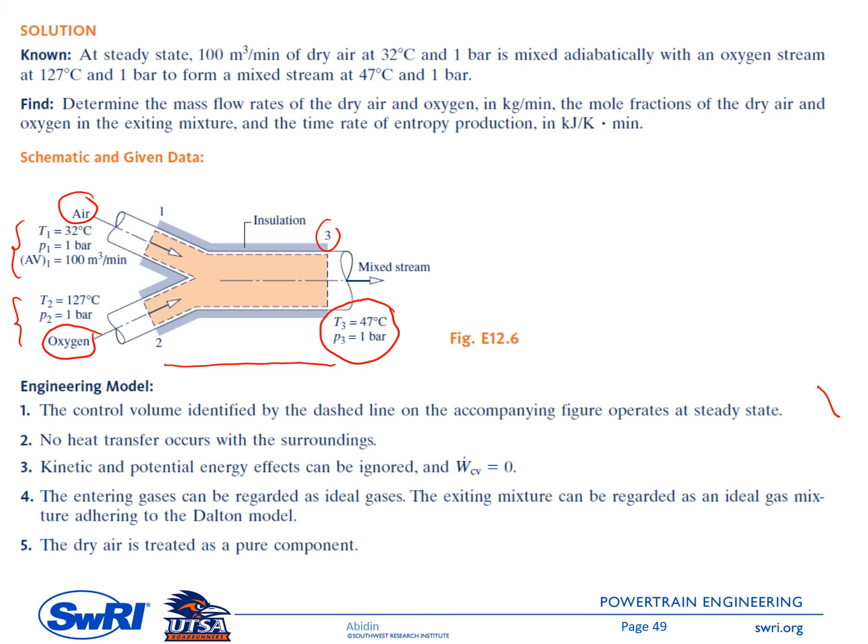This is the assumption: the control volume operates at steady state, no heat transfer occurs with the surroundings, and we can ignore the effect of kinetic and potential energy. We can also assume there is no work, and the entering gases can be regarded as ideal gases. We can also apply the Dalton model, and the dry air is treated as a pure component, so it's just one component.